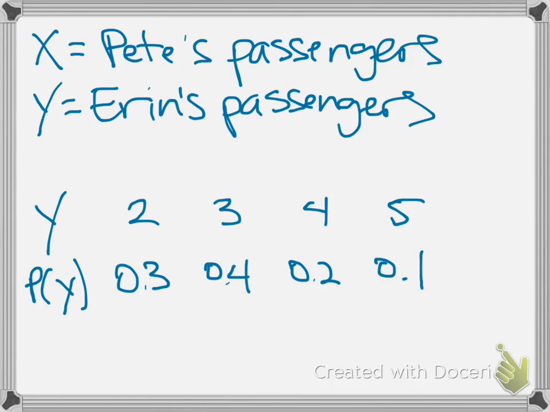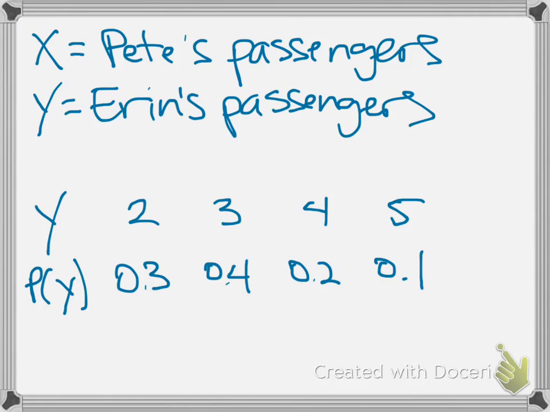And after some time, she's able to develop a probability distribution of the number of passengers she can expect to get on a given day, just like Pete was able to, and that probability distribution is what you see on this slide. Just like Pete, she requires at least 2 people to have a tour go forward, and like I just said, she can carry up to 5 people in her vehicle. And then the associated probabilities for each of those values for y are given in the probability distribution.